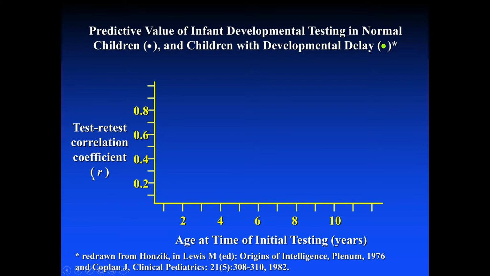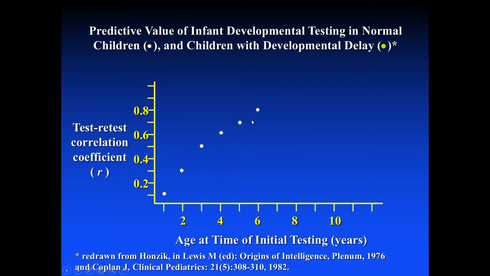So we look here and we see we're starting age at the time of initial testing: 0, birth, 1, 2, 3, 4, 5, 6, 7, 8, 9, 10 years of age, and then test, retest, correlation coefficient. And what you see here is that for children developing within the normal range, whose initial developmental quotient or IQ is 70 or above, the test, retest, correlation coefficient in the first couple of years of life is 0 to 0.2.